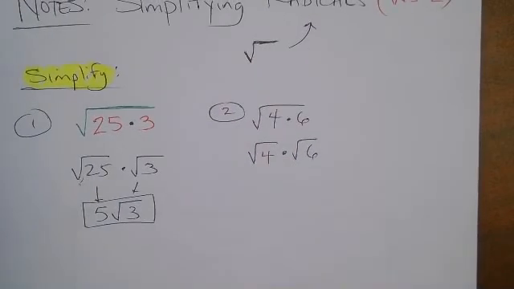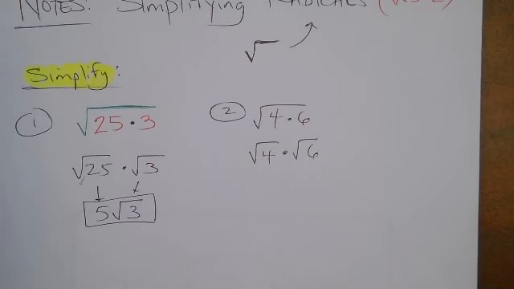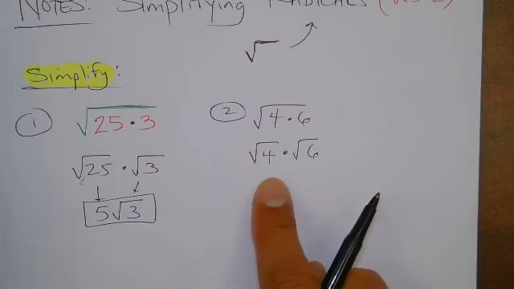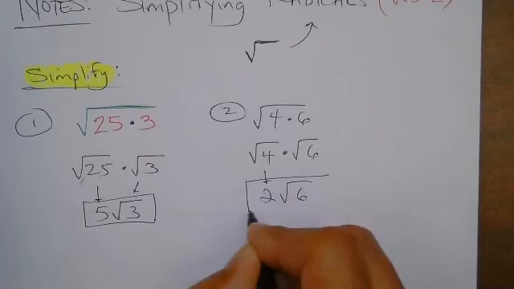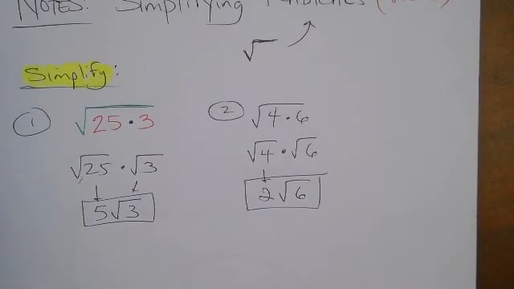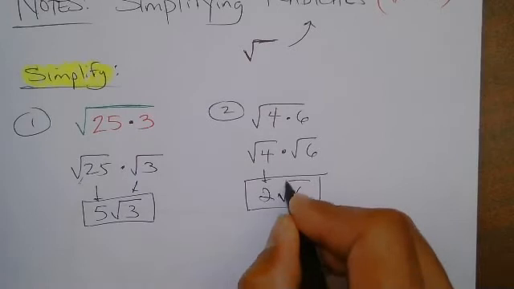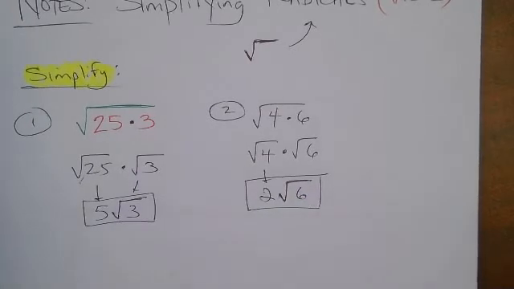We separate them because one is going to stay under the radical and one is going to become a whole number. What is the square root of 4? It's 2, so the answer is 2 root 6, because the 6 cannot simplify. It's not a perfect square, so it stays under the radical. Is that okay with everybody?